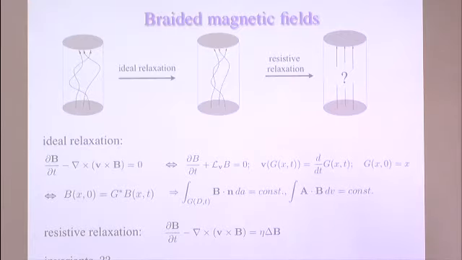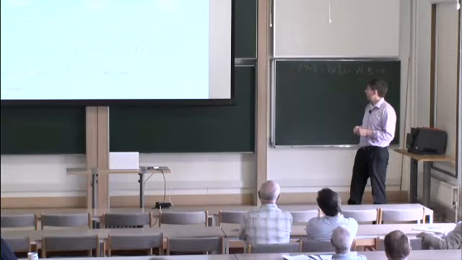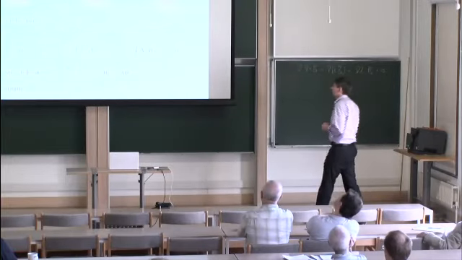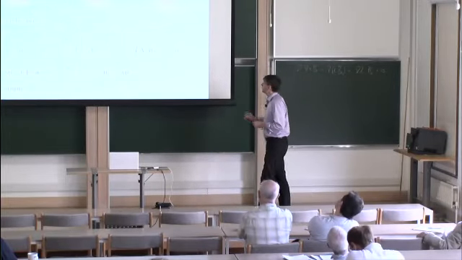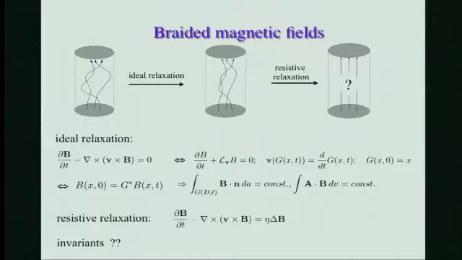Now, for the resistive relaxation, we are in a much more difficult situation. Strictly speaking, if you wait long enough, then the system will relax to the state with the lowest energy consistent with the boundary conditions. So the boundary conditions would be prescribing the magnetic field on the lower and upper boundary.